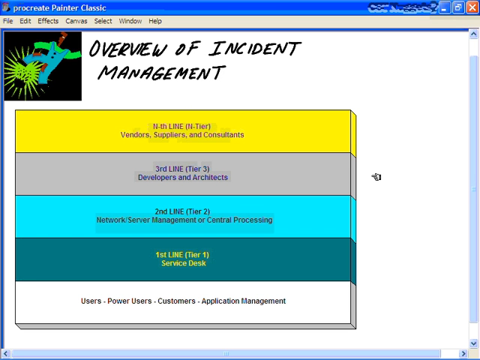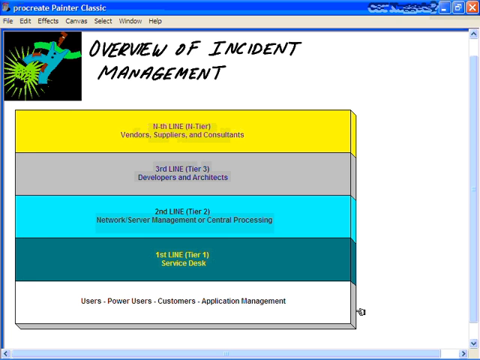This next diagram gives you a sample of incident management, and I've done this as a vertical process from the bottom up, but this can be a horizontal or a vertical process. We'll talk about the differences as it relates to escalation of incidents in a moment.